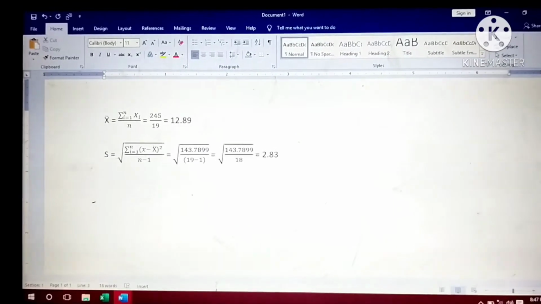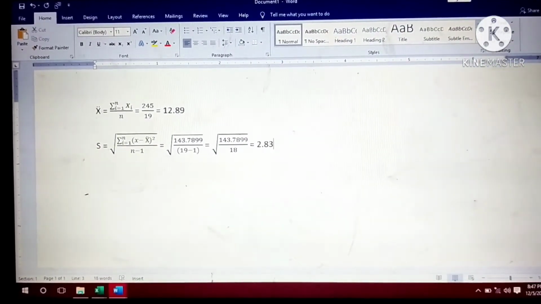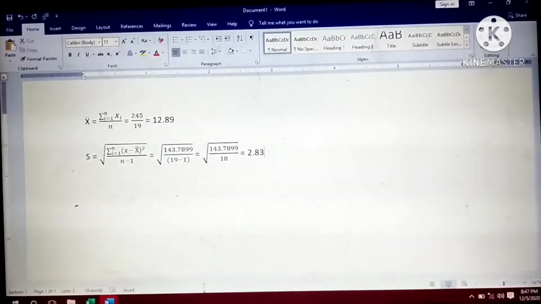And the result is 2.83. That's now the value of our standard deviation.